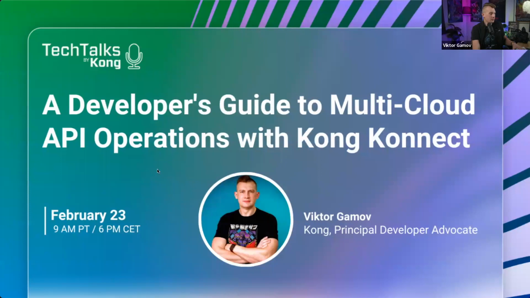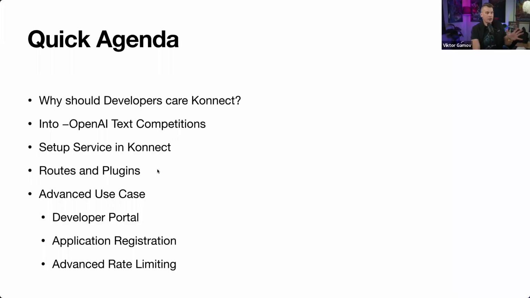All right. So that's my quick agenda. Things can have multiple turns, depending on the questions you might have. But essentially, I would like to talk a little bit about why developers should care about Connect, or, if you're not aware of Connect, why are you sleeping on this? Why are you missing out on learning about Connect? We're going to use very exciting technology to explore today.